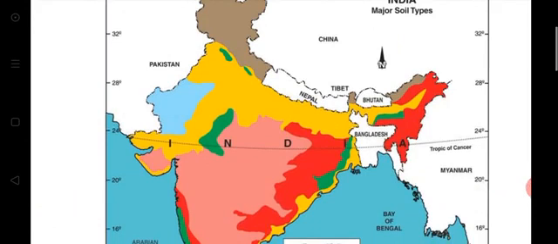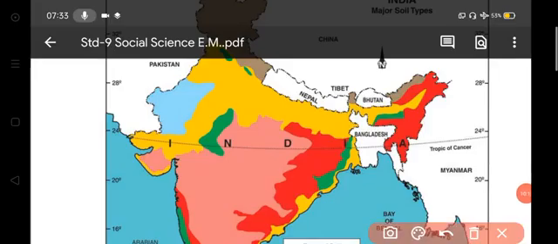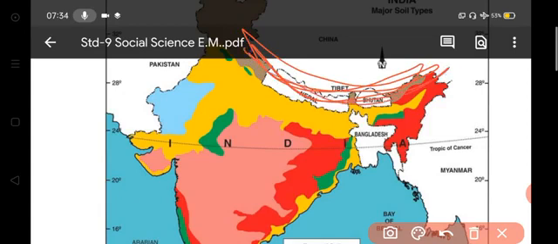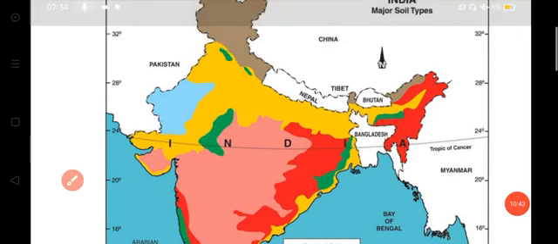It is also called Shivalik. This is the Shivalik range. So you can see this type of land soil. Clear?